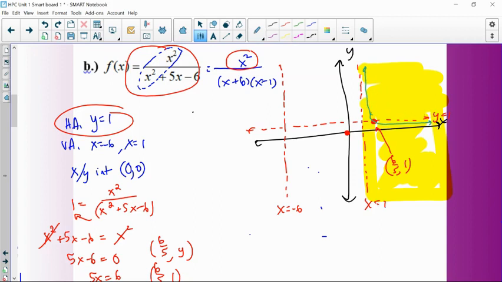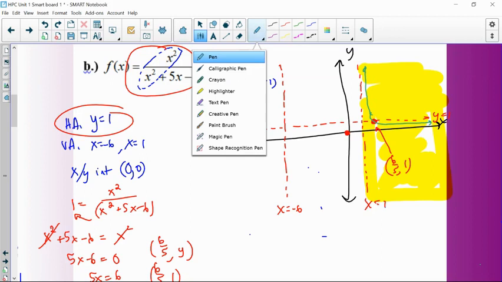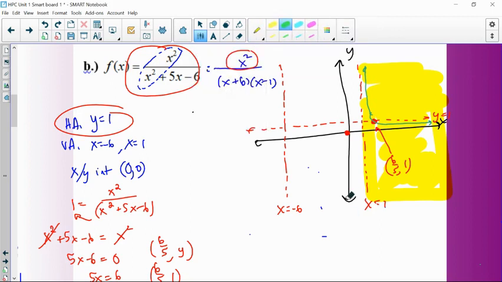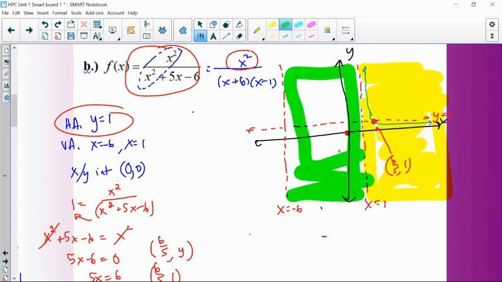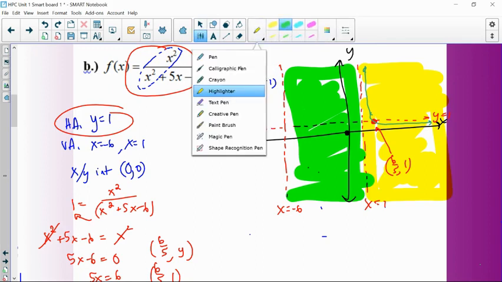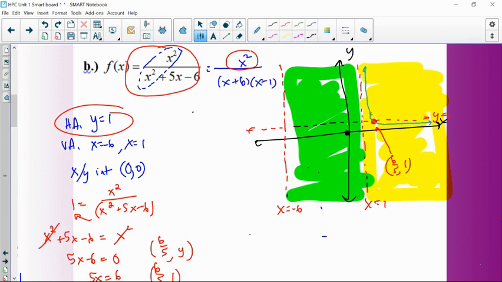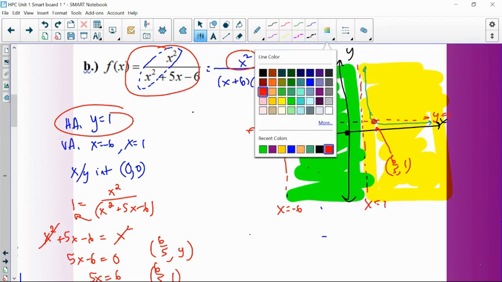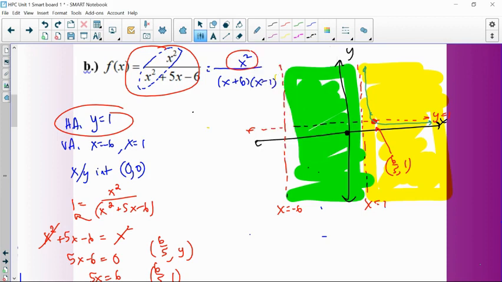Now, next, think about the next region here. I'll go ahead and highlight that in green. This region here, think about the behavior and use the multiplicity. X equals 1 came from a factor that had multiplicity 1. It was odd, so because that was an odd multiplicity, we have to change signs.